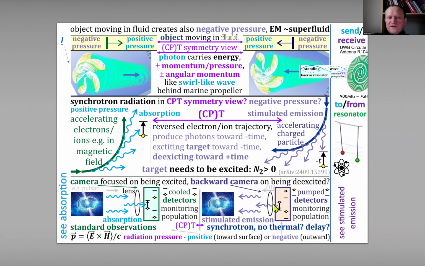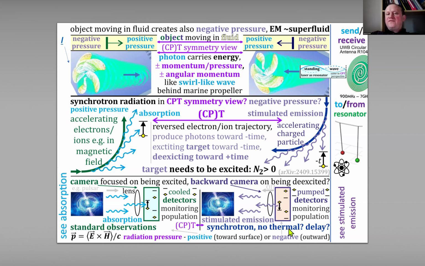Now you would need a camera which is excited, and with stimulated emission, this accelerating charge should cause de-excitation. These photons cause excitation in our negative time, and from our time perspective, they should cause de-excitation in our target.